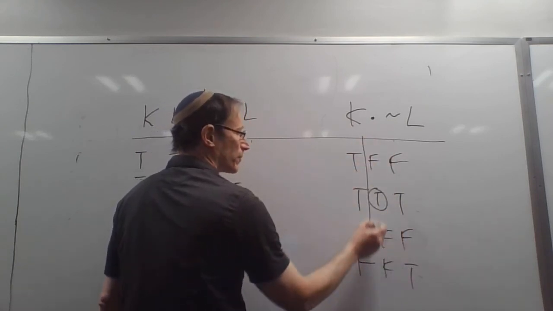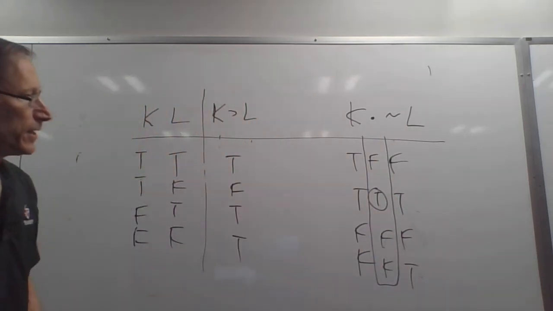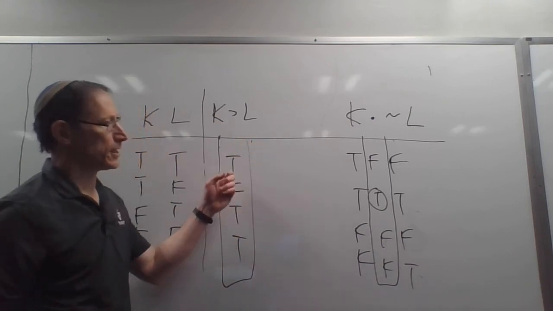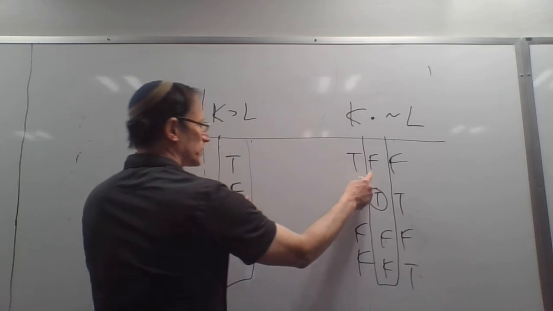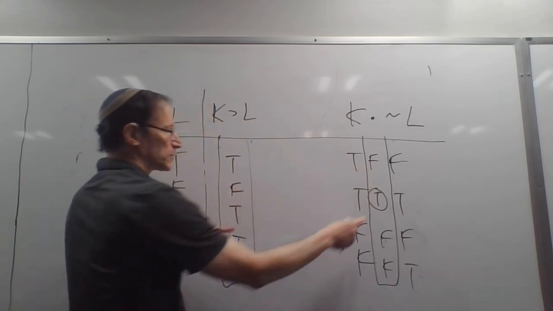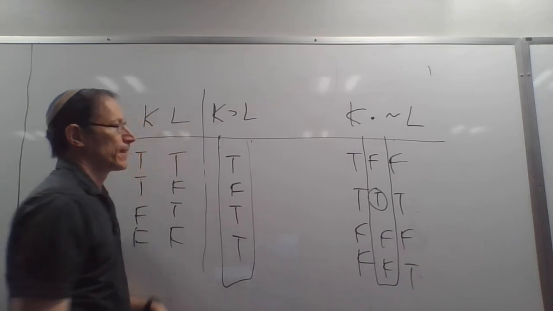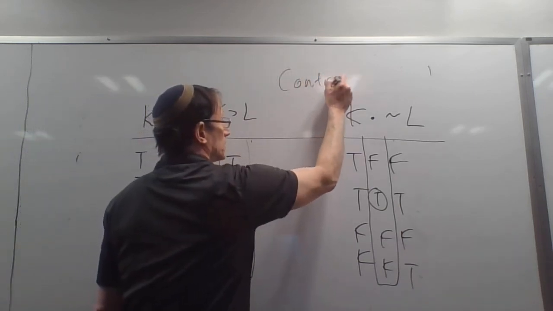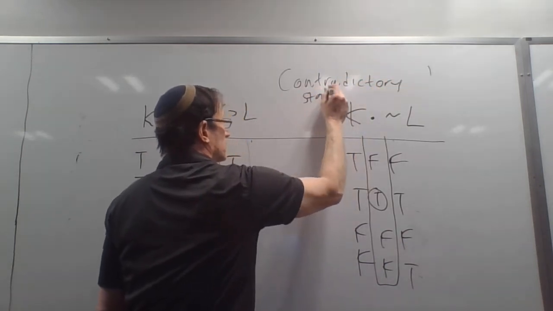So the major operator comes out like so. Now I compare the major operator for K horseshoe L on every single row. Whenever the one's true, the other one's false. Whenever this one's false, this one's true. True, false, true, false. So therefore, we're going to say that these are contradictory statements.